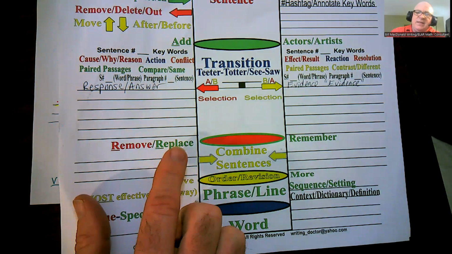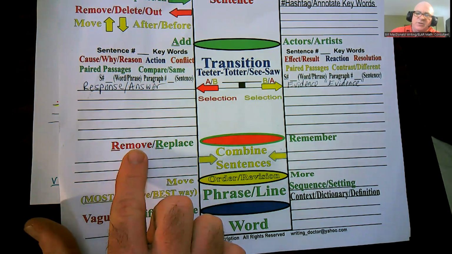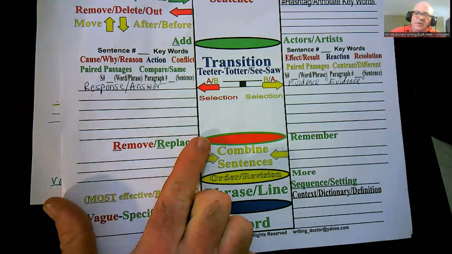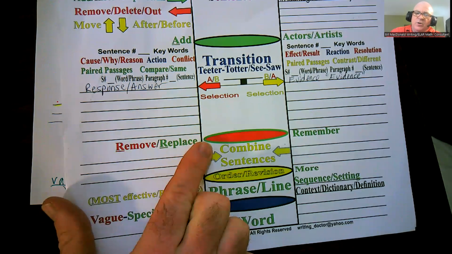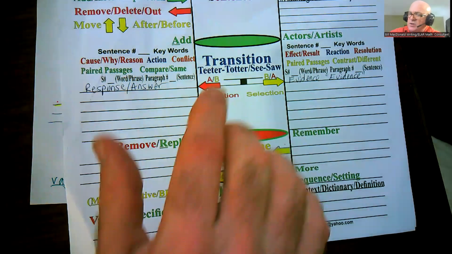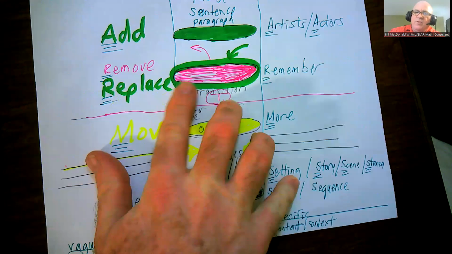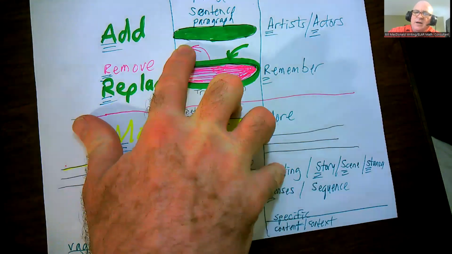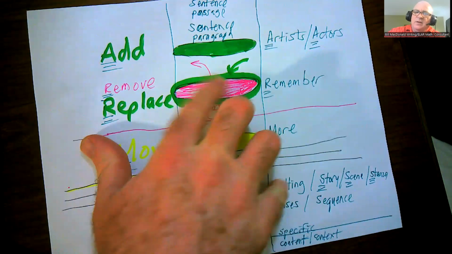When they say that, it means they're asking you to remove something first, the red bracelet, and to replace it, green, with something else. Something goes out, red, so that something can come in.